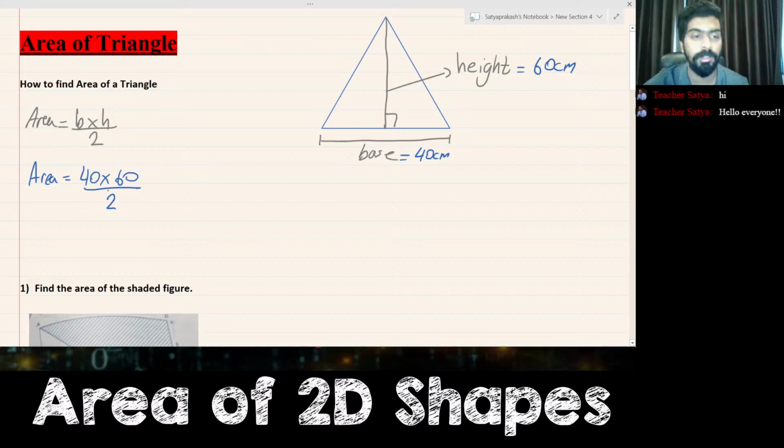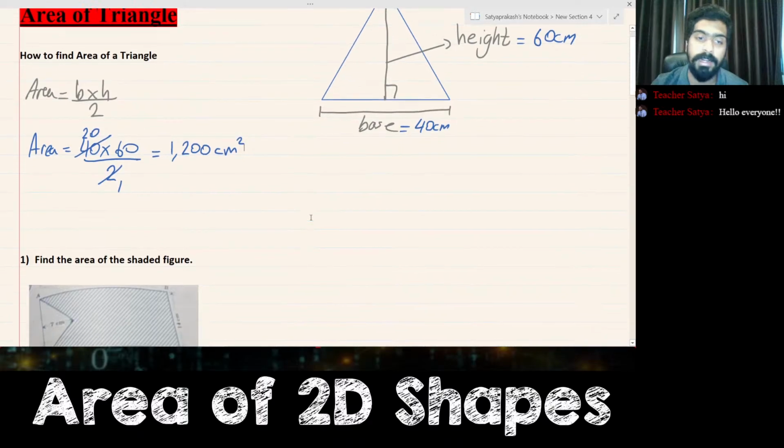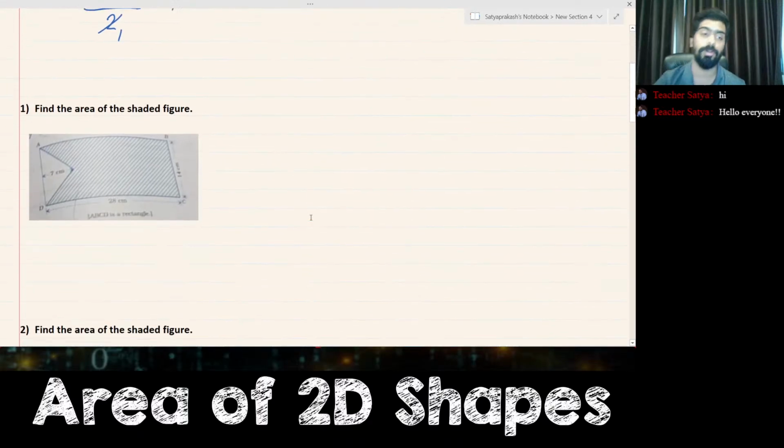The answer would still be the same, right, guys? So let's say I simplify it. 2 will change to 1, 40 will change to 20. Now 20 times 60 is equal to 1200 centimeter square, right, guys? And that is how we would find the area of a triangle. So we take its base, multiply by its height, and divide by 2. All right, guys?